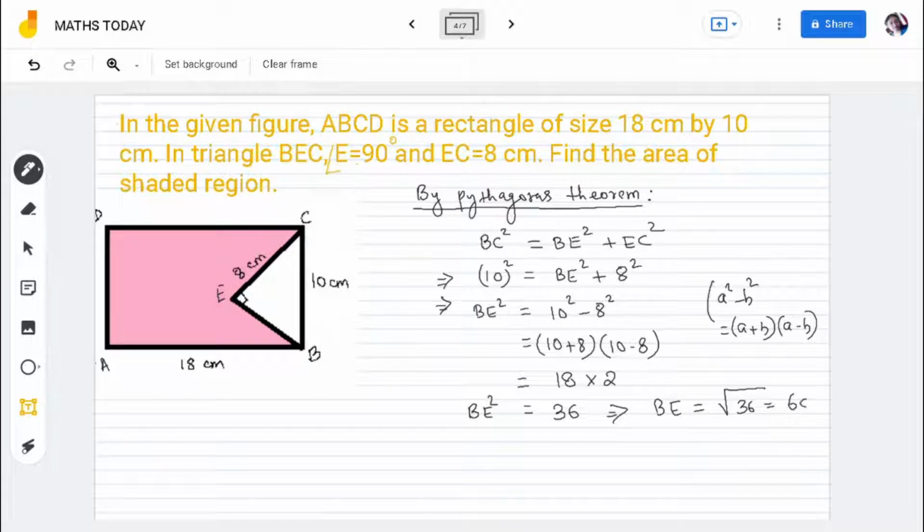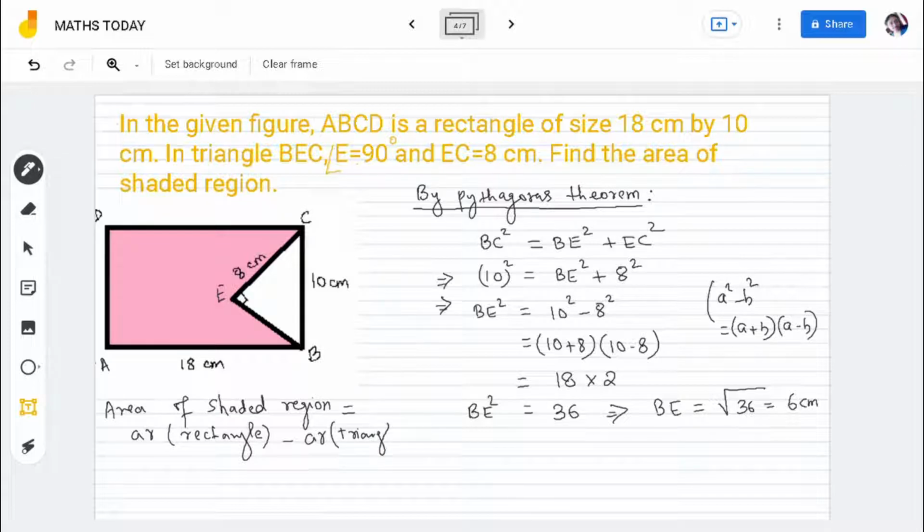Now after finding out the length of BE, we will find out the area of triangle and area of rectangle. So area of shaded region is equal to area of rectangle minus area of triangle. Let's see what is area of rectangle.